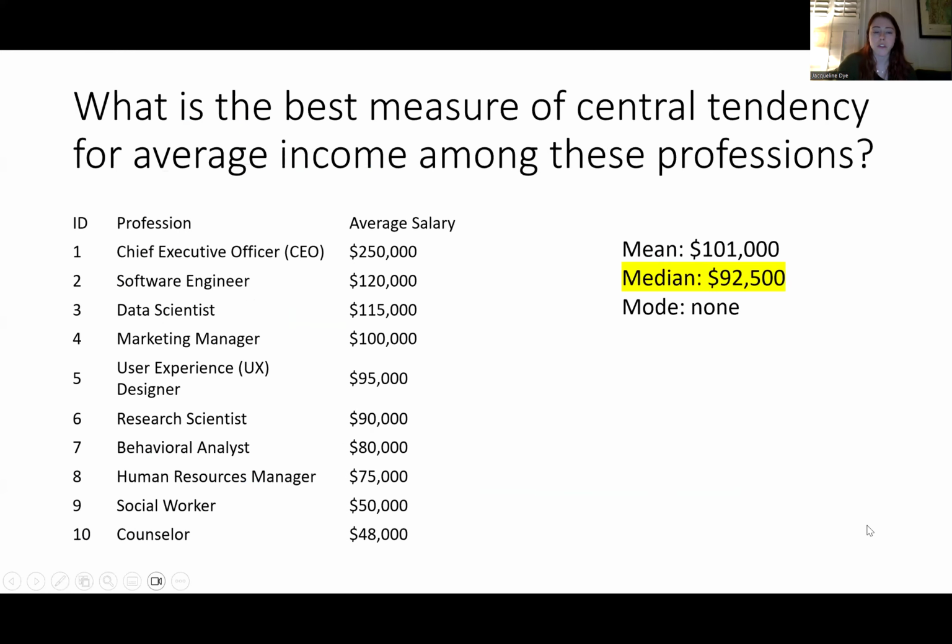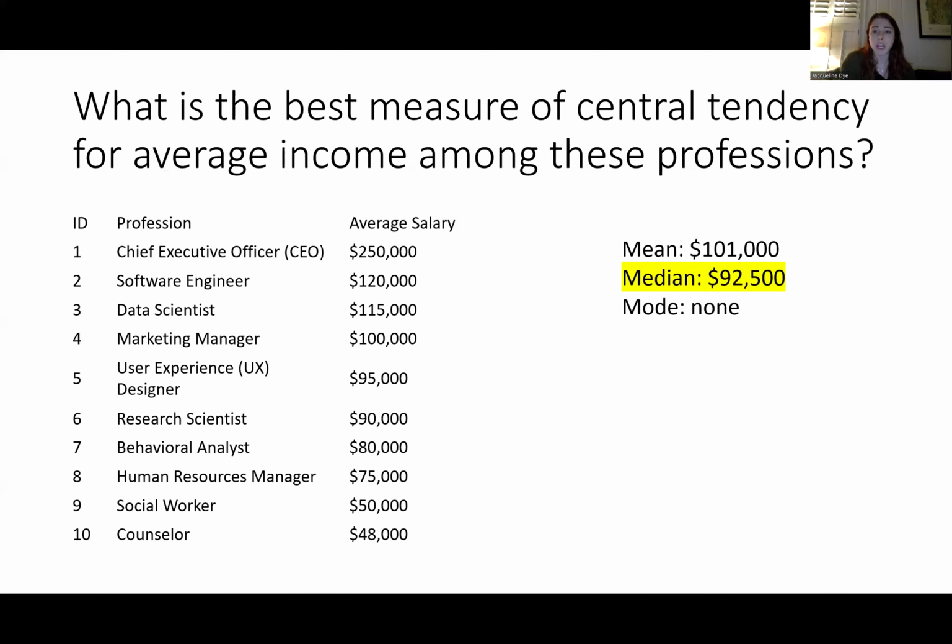If we look at this example, measures of central tendency for average income among various professions, we have, again, a big spread. On the lower end, we have $48,000 a year. On the very high end, we have $250,000 a year.